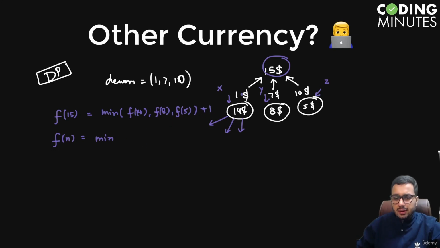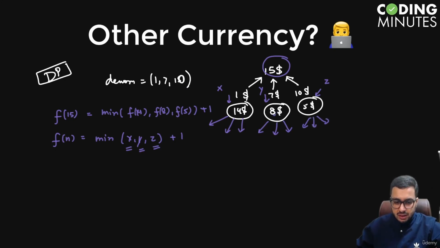You are using one more coin to go from here to here, so it would be minimum of X, Y, Z plus 1. And how do you get these values X, Y, Z? You get them recursively, solving for the entire path.